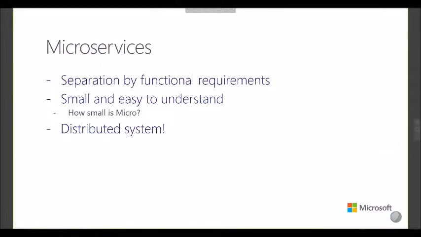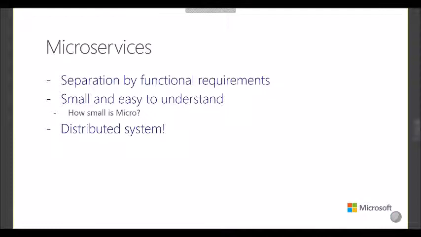Well, we can use a microservices approach to fix those problems. And this means we are separating by functional requirements. We take functionality and split it into different smaller blocks, which are, of course, easier to understand. Some people say a microservice usually should not be more than the number of lines of code you can see on one screen.